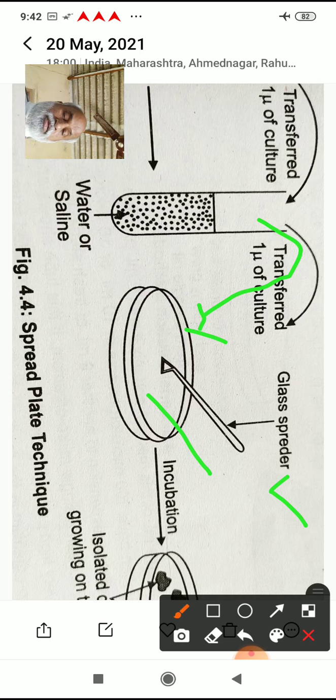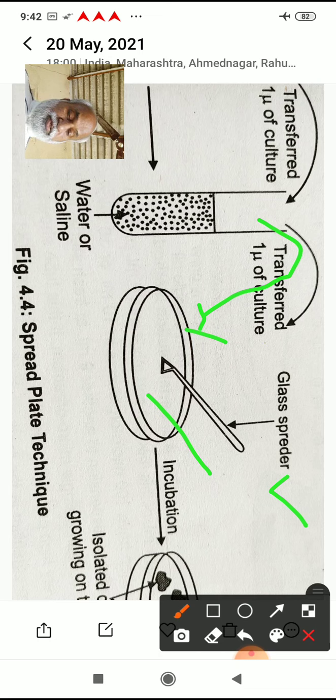Now such petri dishes are incubated, and colony development will occur on these agar plates, and one can see that some plates have well isolated colonies growing.